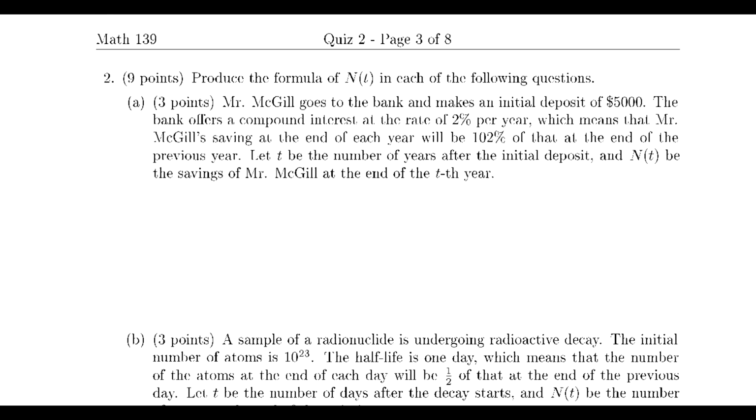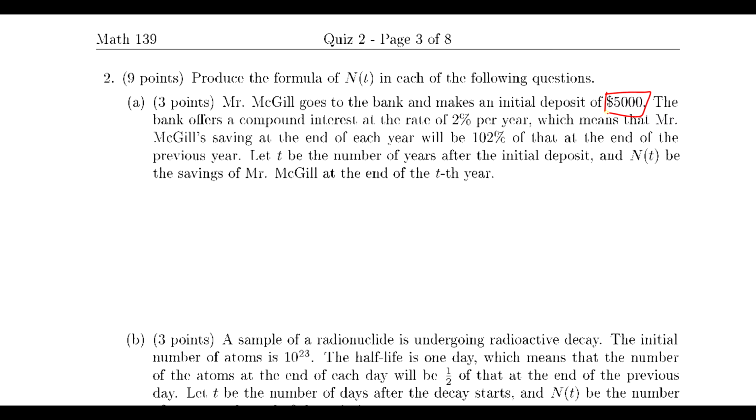Question 2. These are interesting word problems, and they're not too bad if you can figure out exactly what's going on. So, we have to produce a formula for each of these questions. In the first one, Mr. McGill goes to the bank and makes an initial deposit of $5,000. Let's note that.